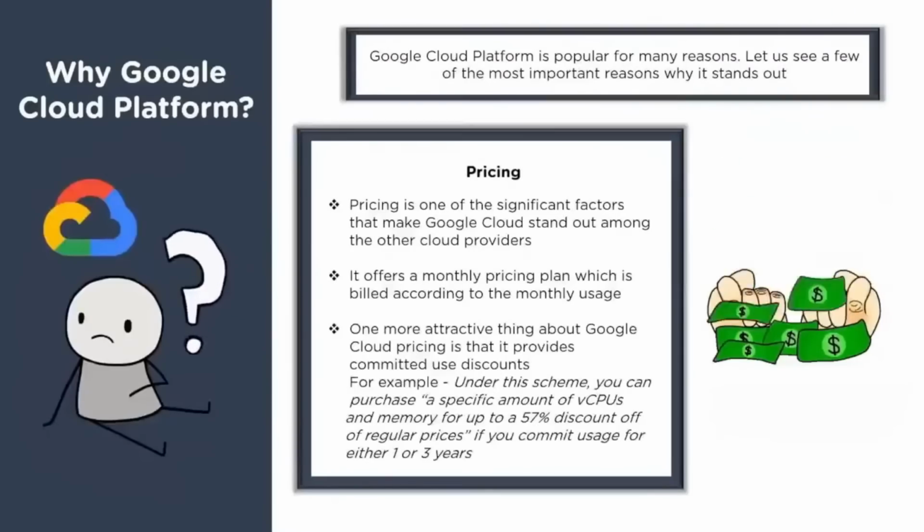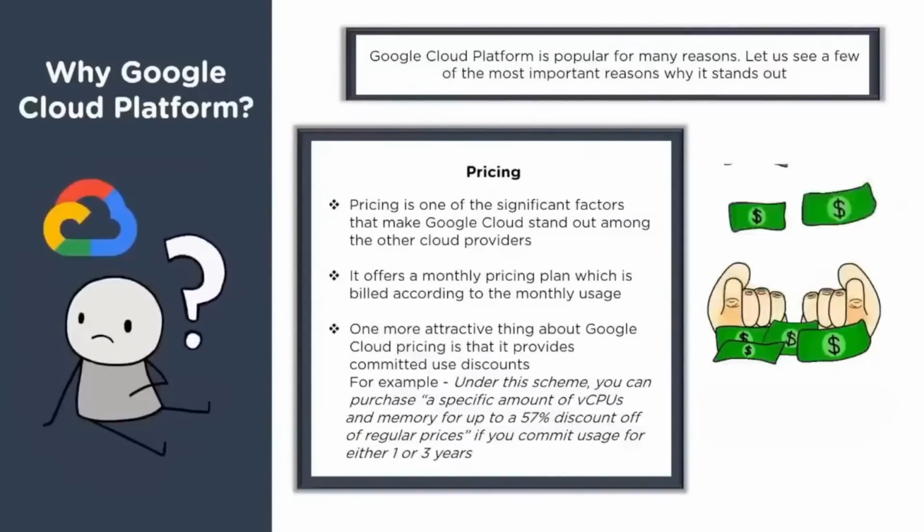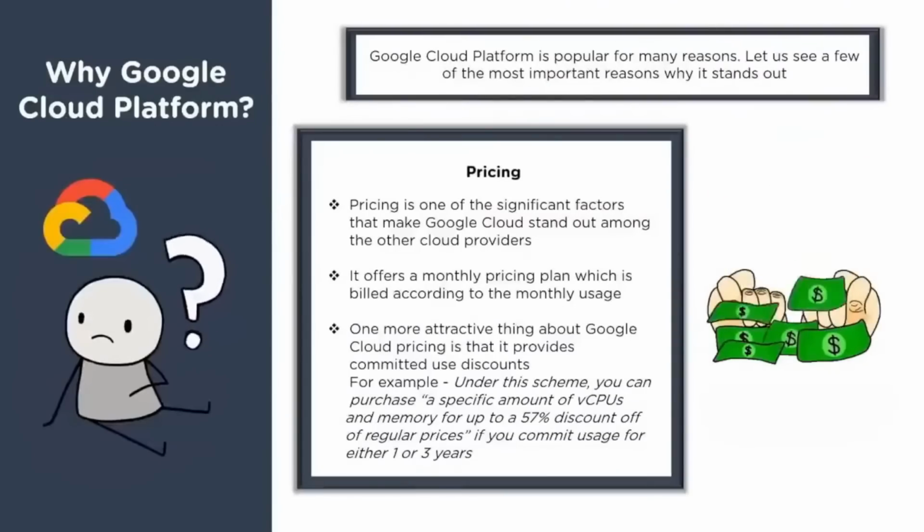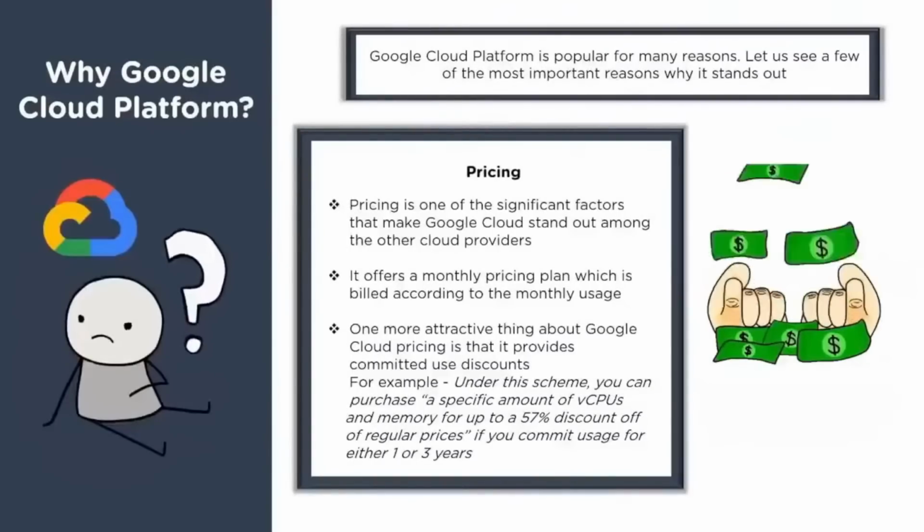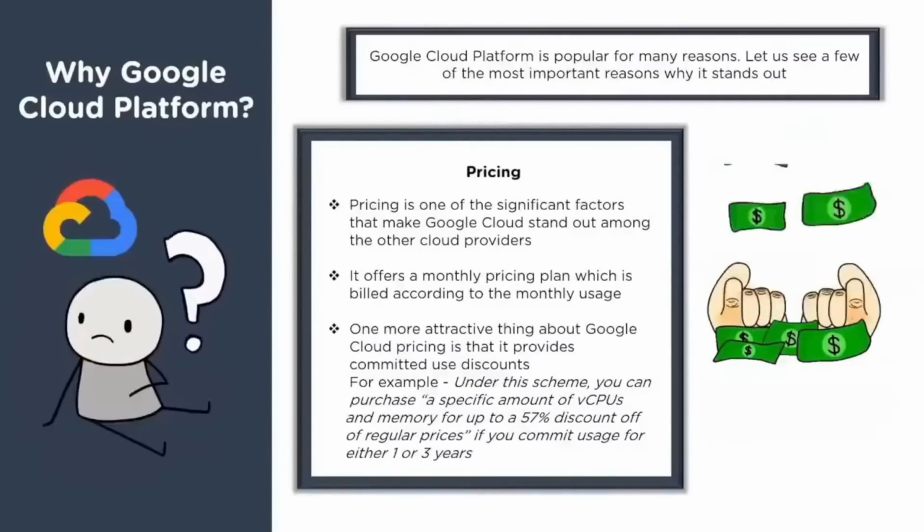For example, under this scheme, you can purchase a specific amount of virtual CPU cores and memory for up to 57% discount off regular prices if you commit usage for either 1 or 3 years. Now, this is just one option. There are various such options which you can learn about from the Google Cloud page, and that really suits different customers for their different requirements.